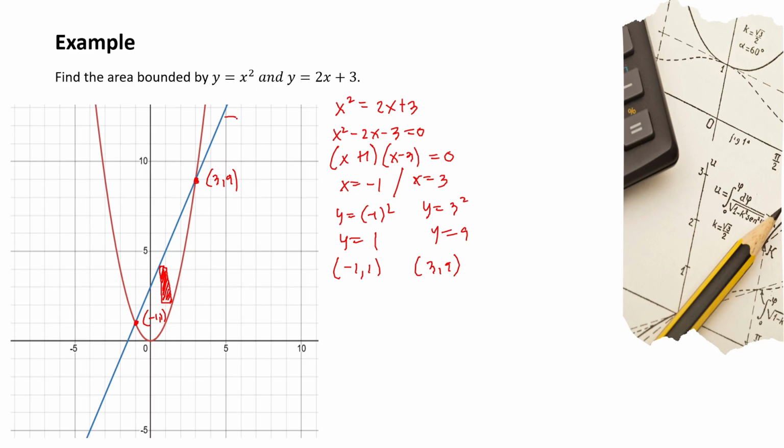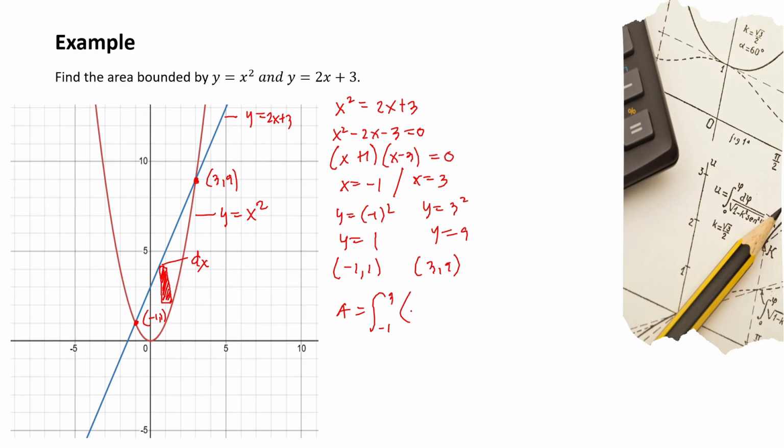We have the equation y is equal to 2x plus 3 and y is equal to x squared. So this is from upper to lower, from negative 1 to 3. So the area is equal to the integral from negative 1 to 3, because this is in terms of x, so the change is dx.